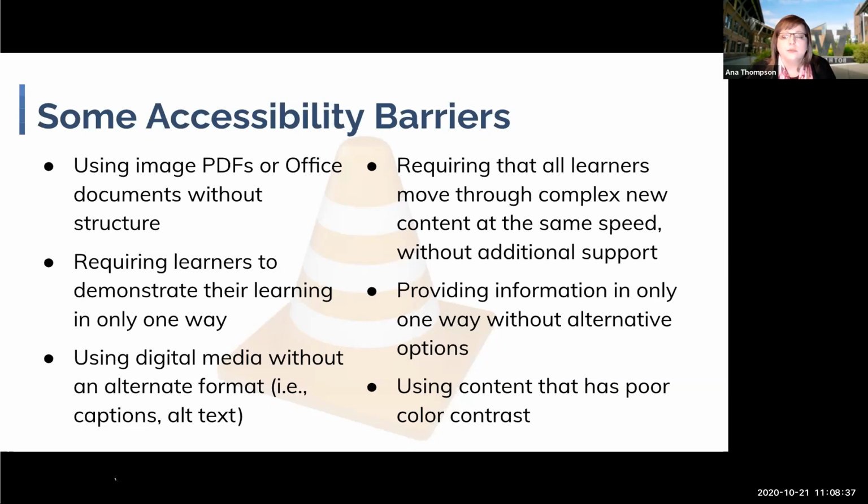Also, requiring learners to move at the same speed as everyone else in their group without any additional support, or providing information only one way without other options. Also, offering content that has poor contrast.